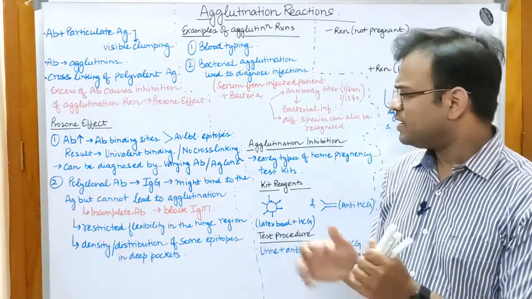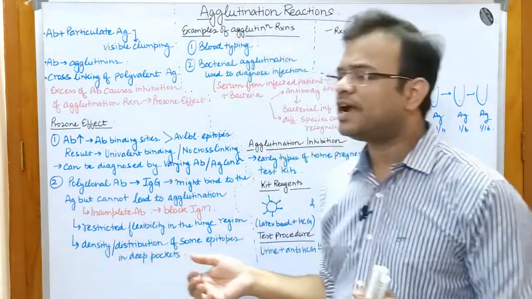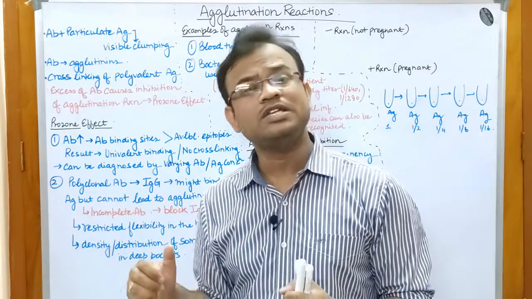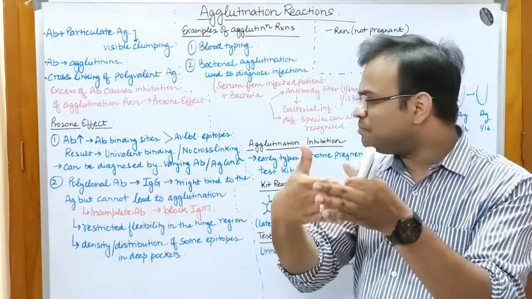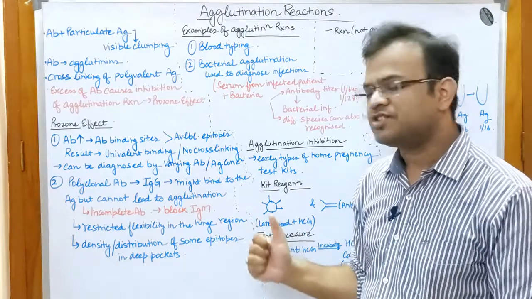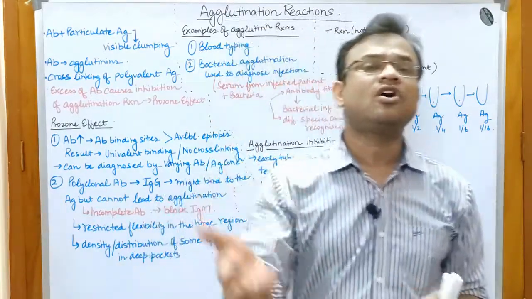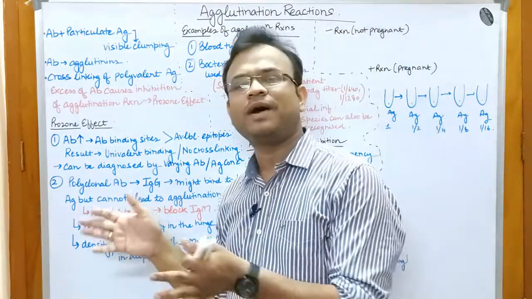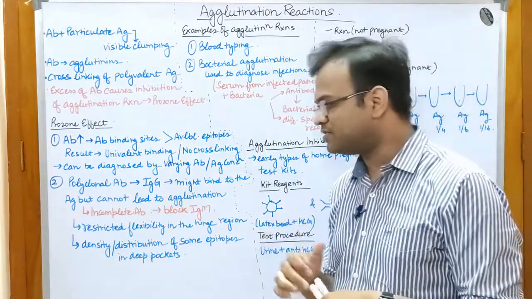What happens is this immunoglobulin G goes and binds to the antigen, but it cannot cause agglutination reaction.